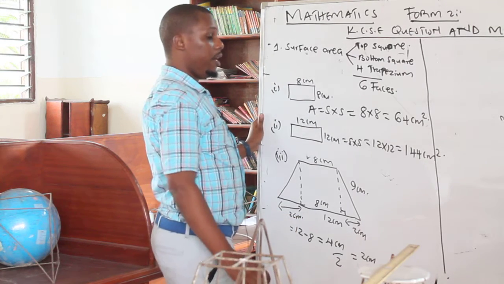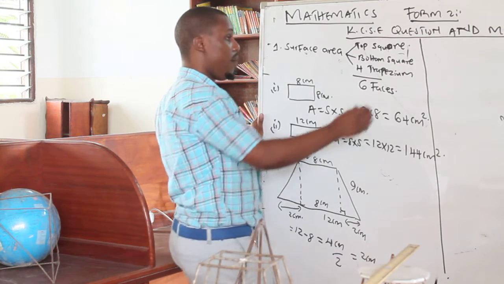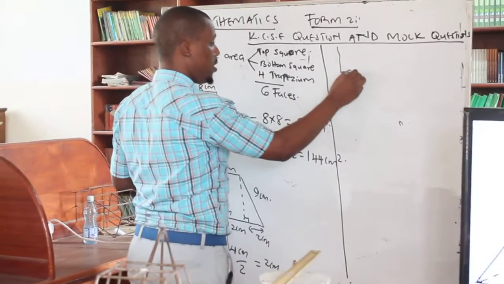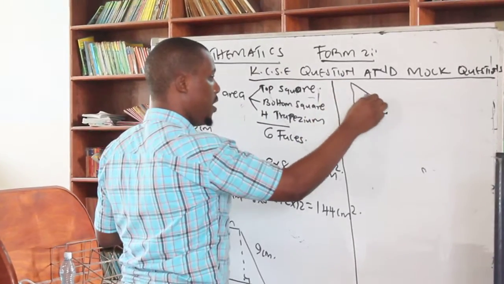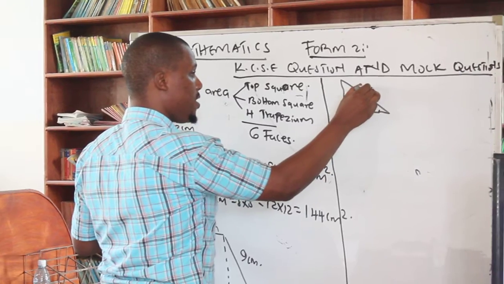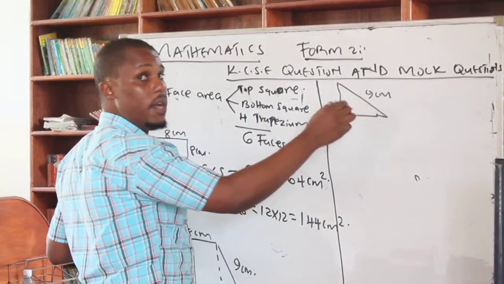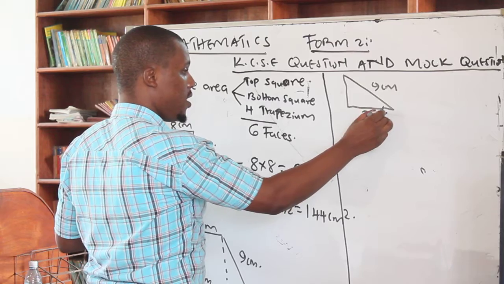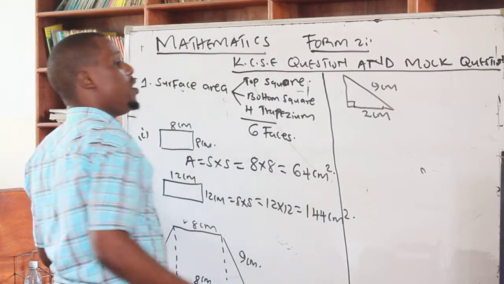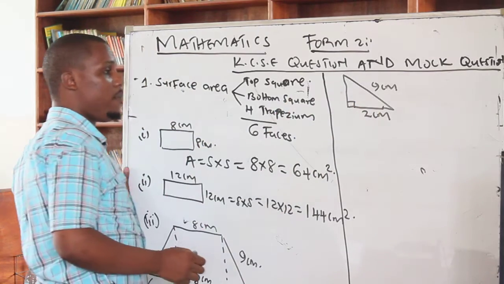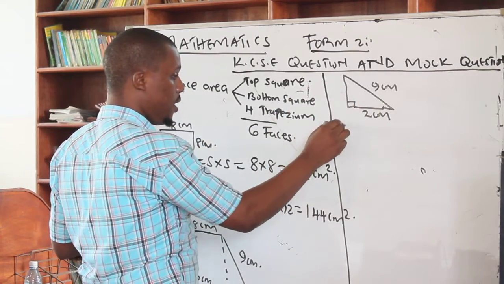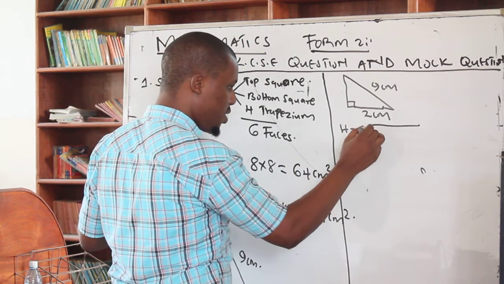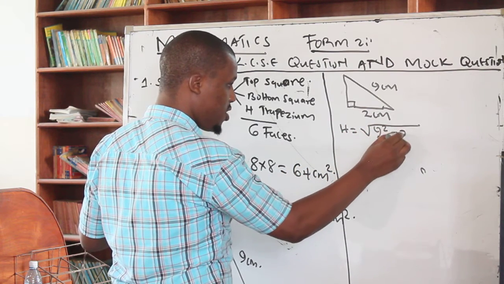So at the end of the day, we can get our right-angled triangles of this nature. Here is 9 centimeters, here is 2 centimeters, and this one is 90 degrees. So you need this height. Using the Pythagoras theorem, our height is the square root of 9 squared minus 2 squared.